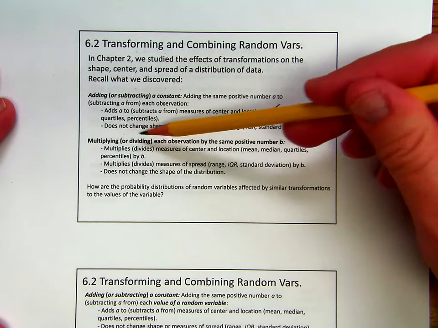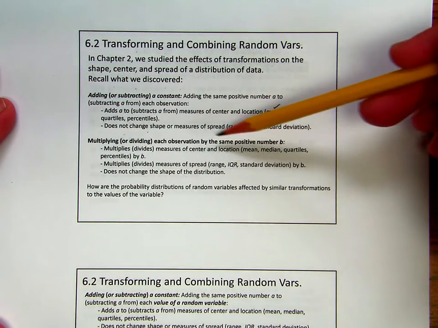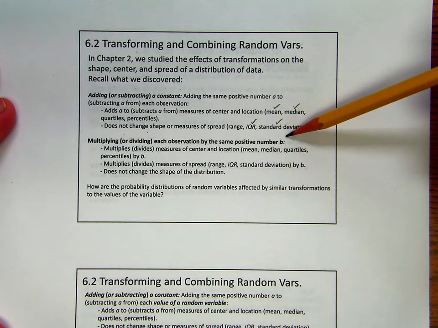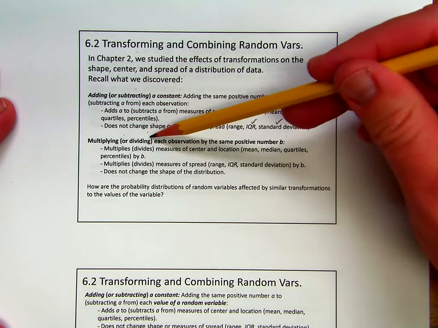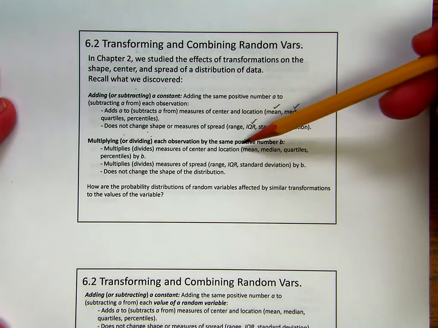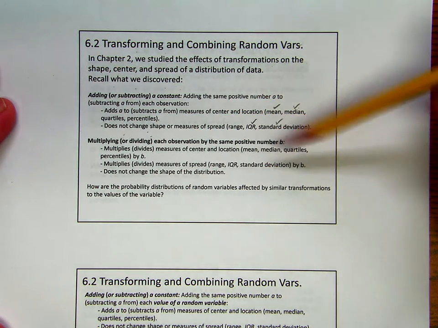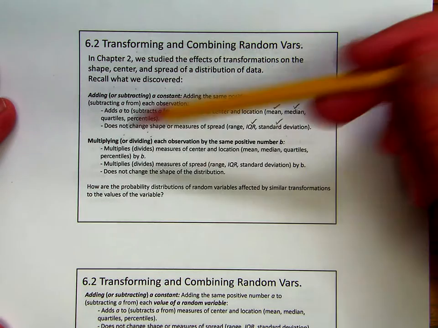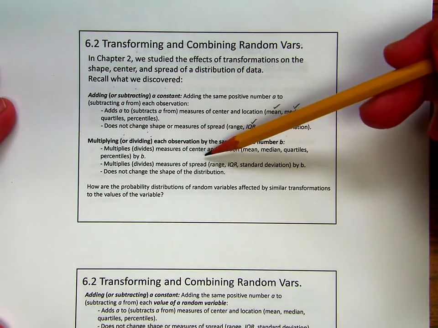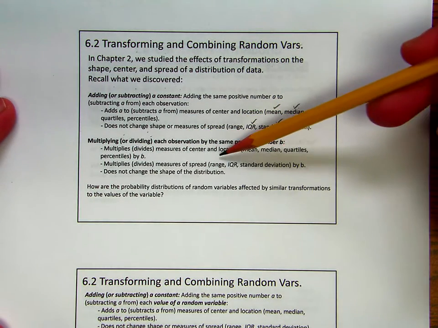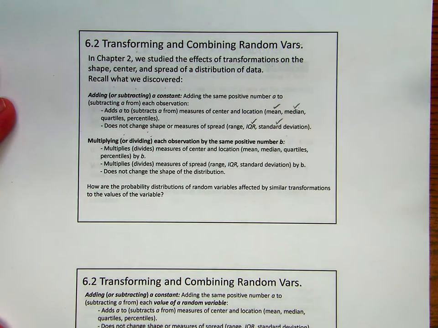Okay, multiplying or dividing, it's the same rule. Multiplying or dividing each observation by the same positive number B multiplies or divides the measures of center and location, mean, median, quartiles, percentiles, etc. by B. It also multiplies or divides the measures of spread, range, IQR, standard deviation by B. It does not change the shape of the distribution.